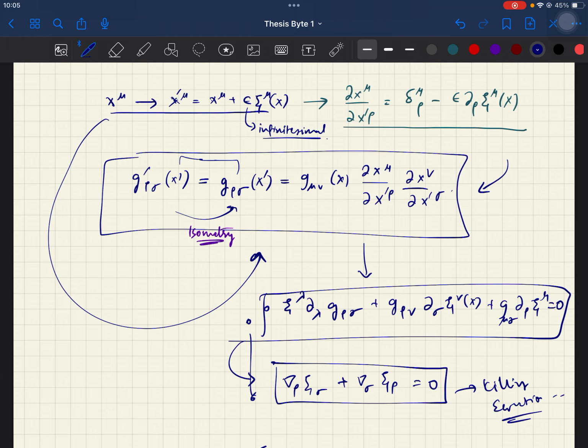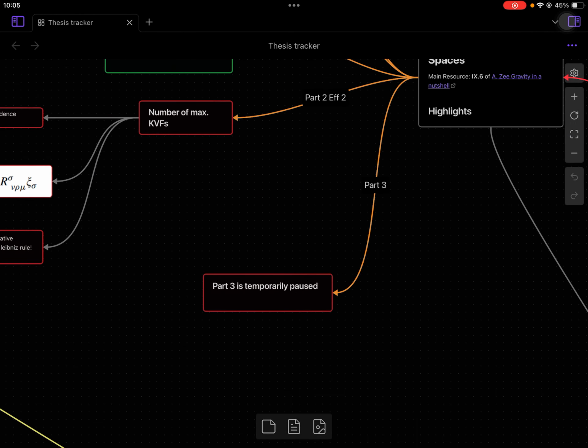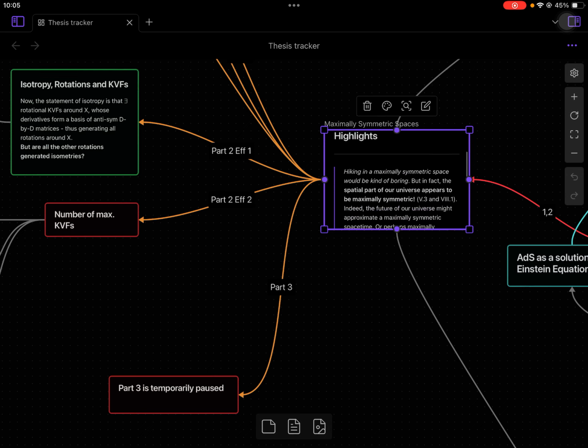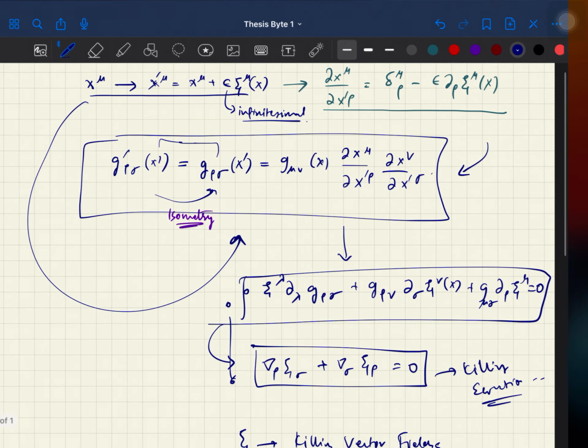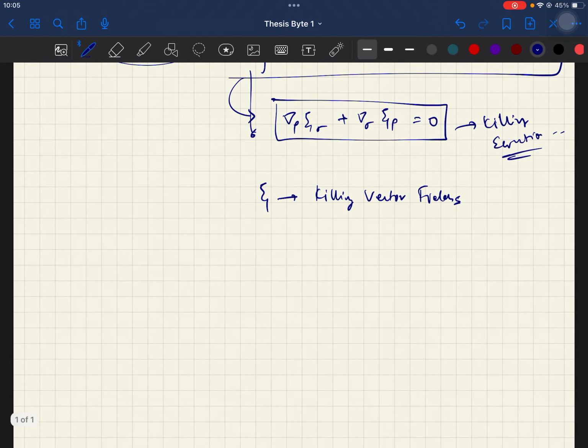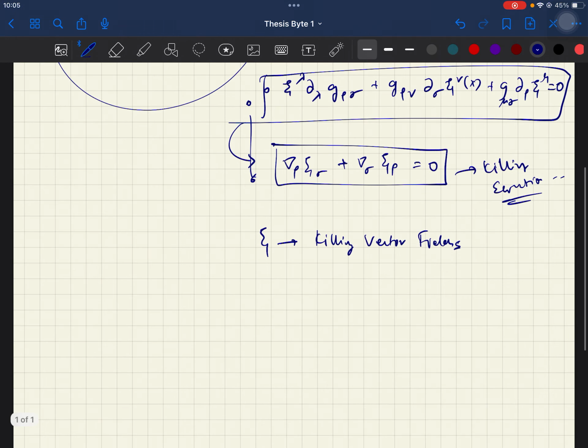The form is still invariant. Isometries are also important because they give you conservation laws, which I'll deal with sometime later. It's part 3 of Maximally symmetric endeavors, which I will get into later. For now it is paused, but I'll understand these symmetries better.